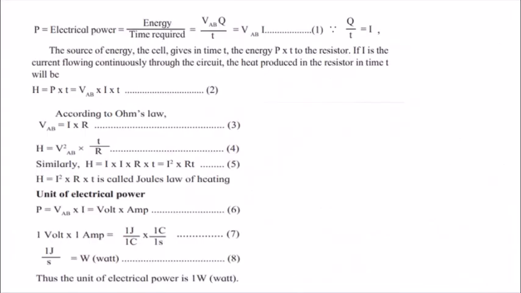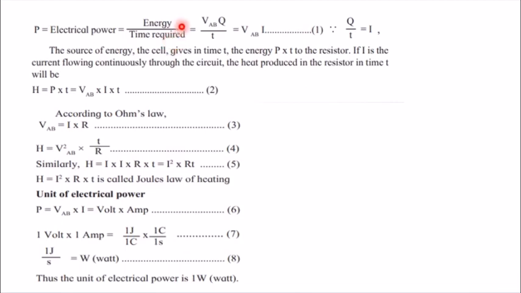Now let's do the derivation. This derivation is Joule's law, and we will be deriving it using the diagram that we had seen earlier. We saw that power is equal to work upon time. Here electrical power is equal to energy, because work was done in the form of energy. So energy upon time.